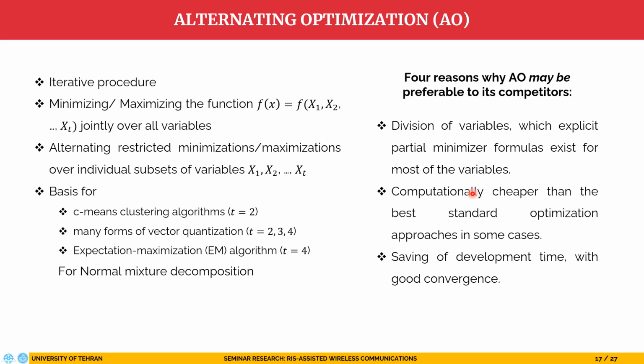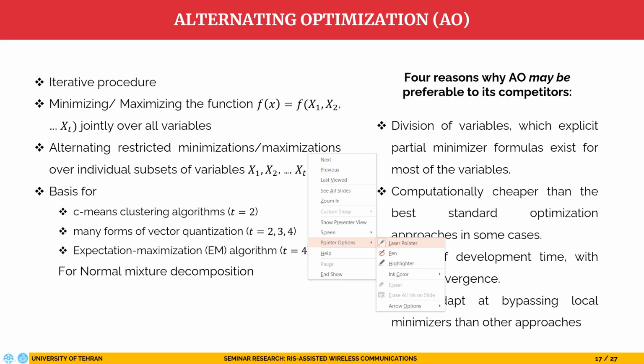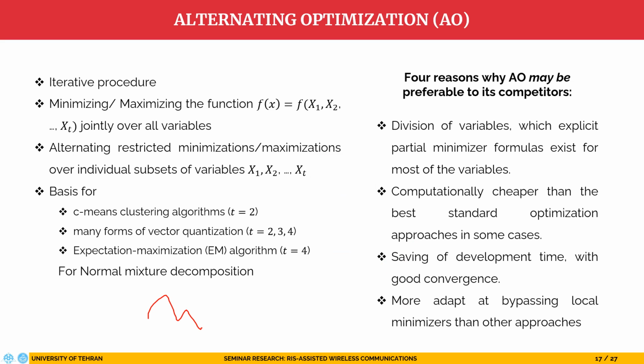Third, it saves development time with good convergence, and is more adept at bypassing local minimizers than other approaches. A convex function, for example, has just one minimum, but a non-convex function has many local minimums. So the algorithm for solving this non-convex problem should bypass the local minimums.